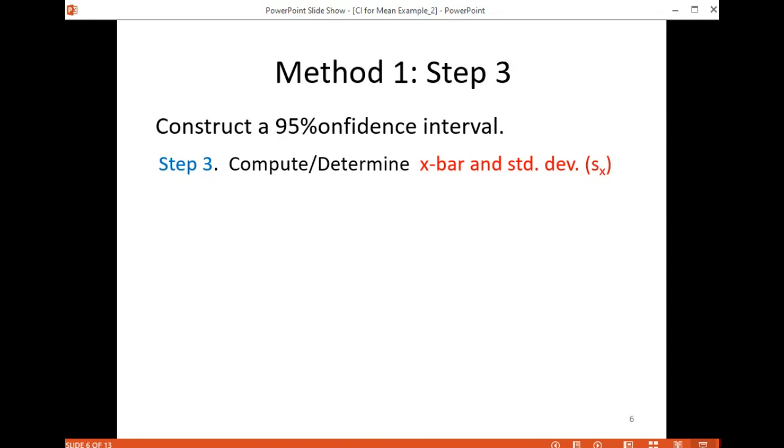But sometimes they will give you a bunch of values as the sample values, and you have to find X bar and Sx. It's not a big deal. All you do is use your calculator, use the column L1, put that in there, and use the corresponding functions to find the mean and standard deviation.